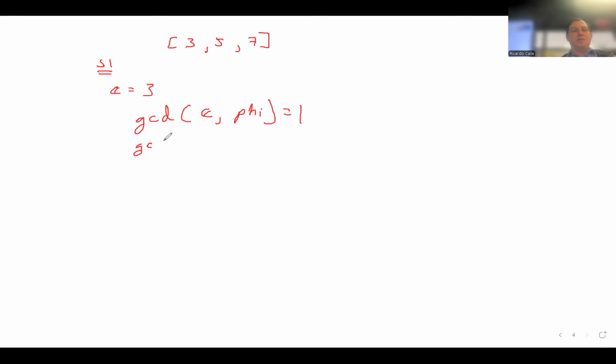In this case, GCD of 3, comma, 120. Do you guys see that? So what is the GCD of 3 and 120? Who can tell me? Yes, please. Would it be 3? It's 3, right? Very good. Exactly right. Do you see that?